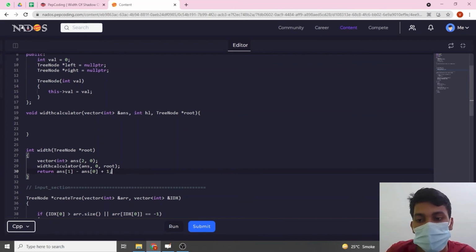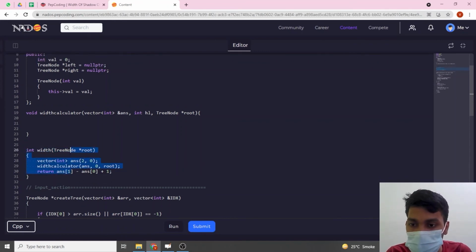Because we are storing the negative value, the answer coming from the left subtree, at the 0th position, which is obviously going to be a negative value. And at the first position we store the answer coming from the right subtree, which is going to be a positive value. So therefore we are doing this.